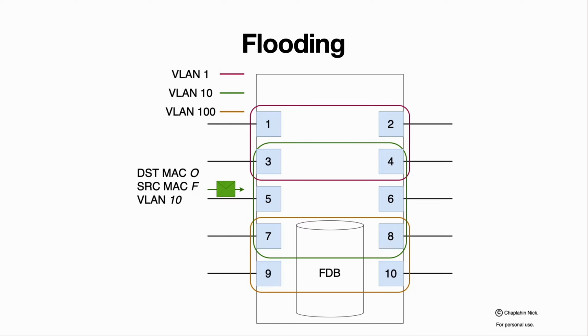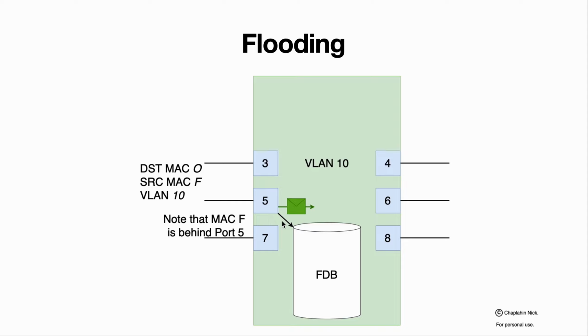Sometimes there could be no entry in the FDB for some specific MAC plus VLAN, and then another operation happens, called flooding. When we receive an Ethernet frame with destination MAC, for example O, and some source MAC F in VLAN 10, the same stages happen. First, learning.